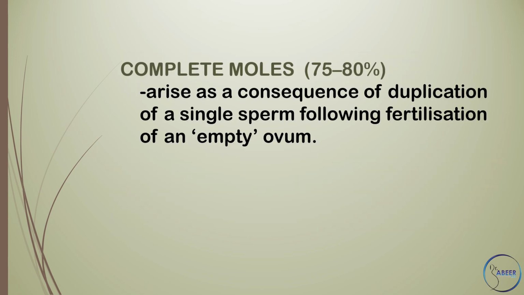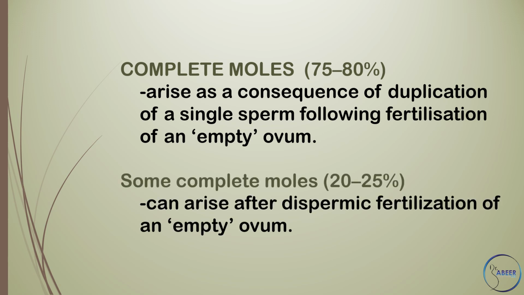Most complete moles, usually 75 to 80%, arise as a consequence of duplication of a single sperm following fertilization of an empty ovum. Some complete moles, 20 to 25%, can arise after dispermic fertilization of an empty ovum.